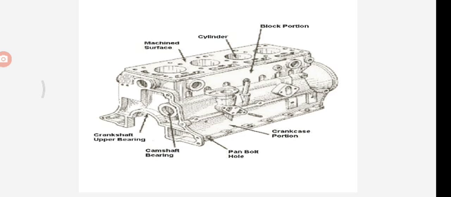Same thing, we can see the upper bearing and lower bearing in the crankshaft also. The cylinder is located on the top, and the surface of the cylinder portion is fully machined. We can see that machined surface in the engine block.